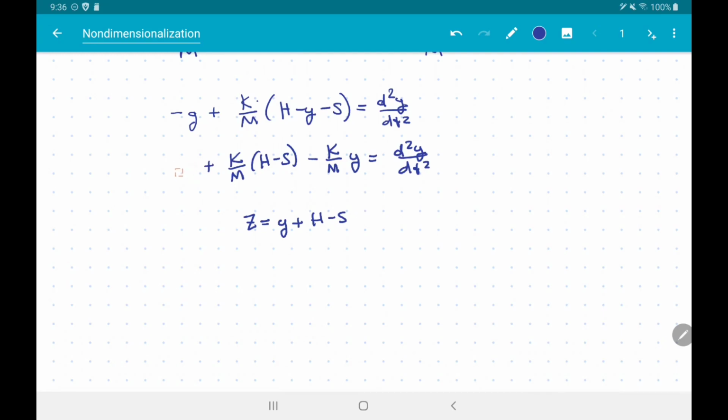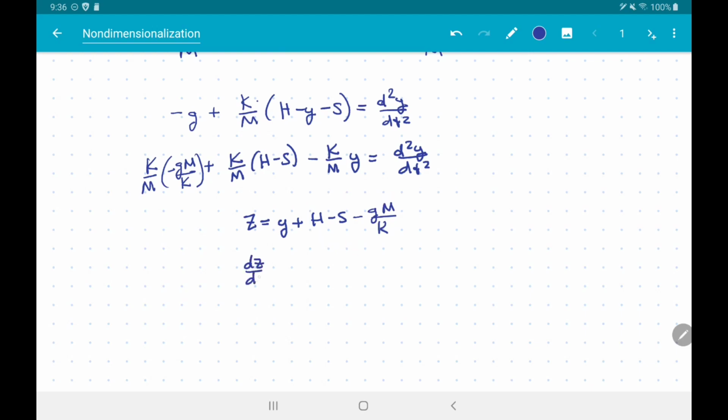So let me rewrite g over here as well as k over m times minus gm over k. And I want minus gm over k. The point of doing that is that all of this stuff is constant.